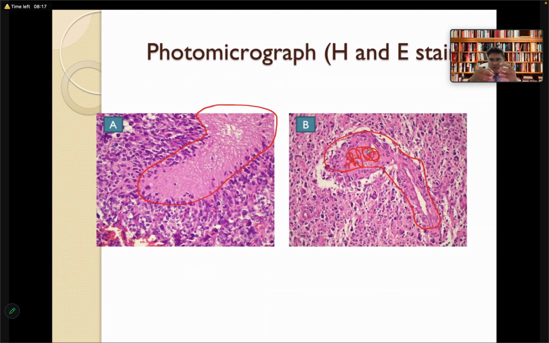So there is proliferation of endothelial cells. So necrosis in image A, and vascular proliferation in image B. These are the two important distinguishing microscopic features of glioblastoma. Is this clear? If you find these two microscopic features, it means it is definitely glioblastoma and nothing else.